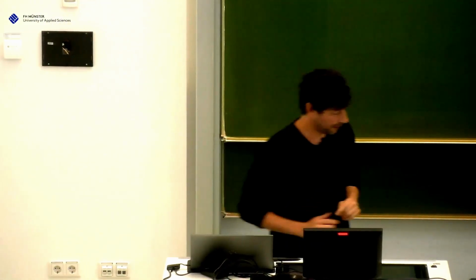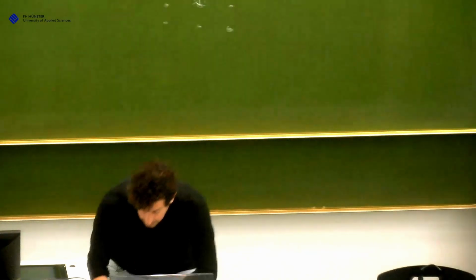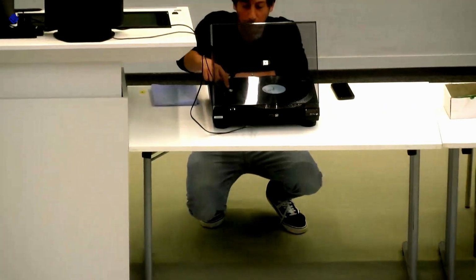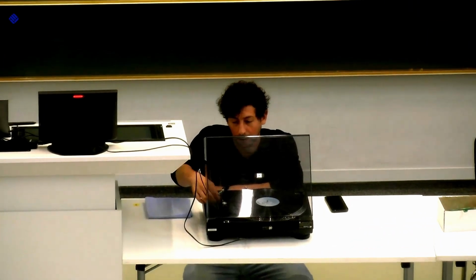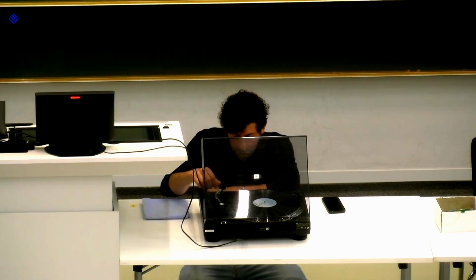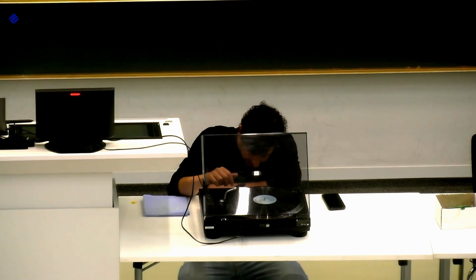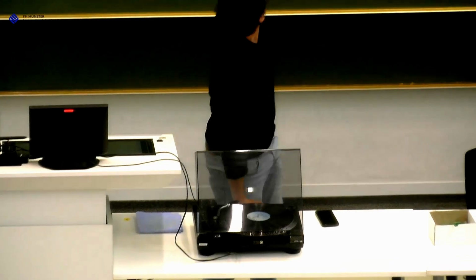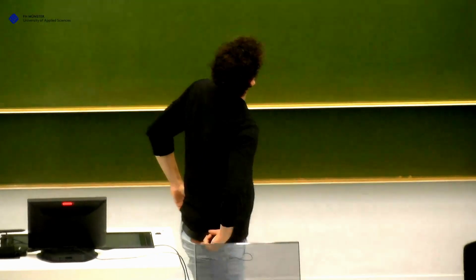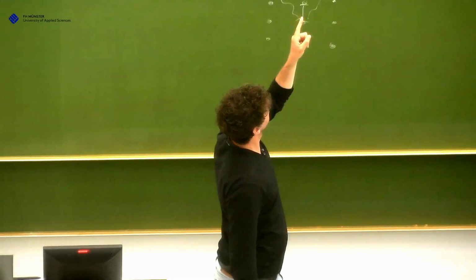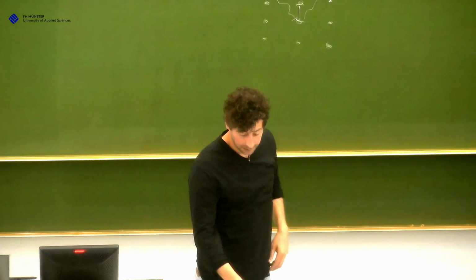The tip, I have a tip here also, right? This would be the cantilever, and on top of the cantilever is a small needle, which is what you see here as a tip. The only difference is, the tip is 10 nanometer and here it's larger.